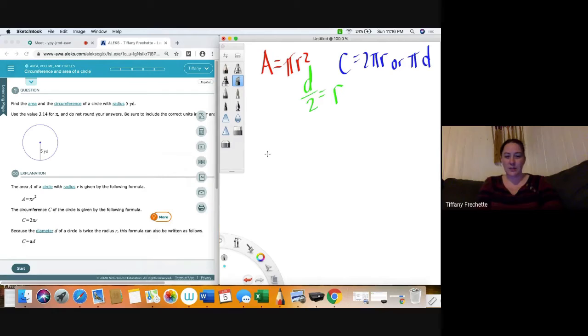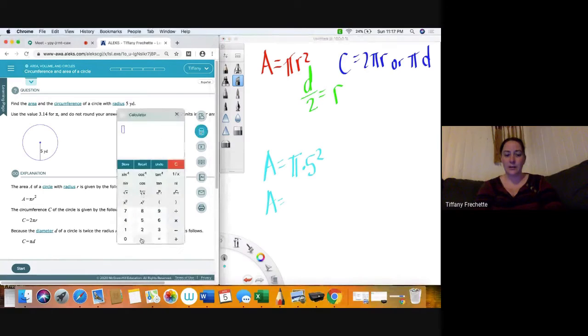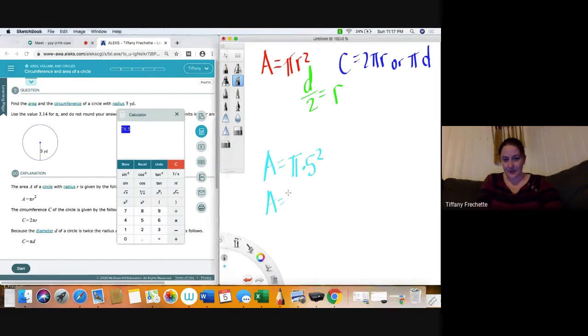All right, so I'm going to write right now in this kind of aqua color. Let's go area of this circle with a radius of 5. So we'd have pi r squared, with r is 5 squared. So area equals, and we're going to open our calculator. We're going to go 3.14 times 5 squared, and we get 78.5.